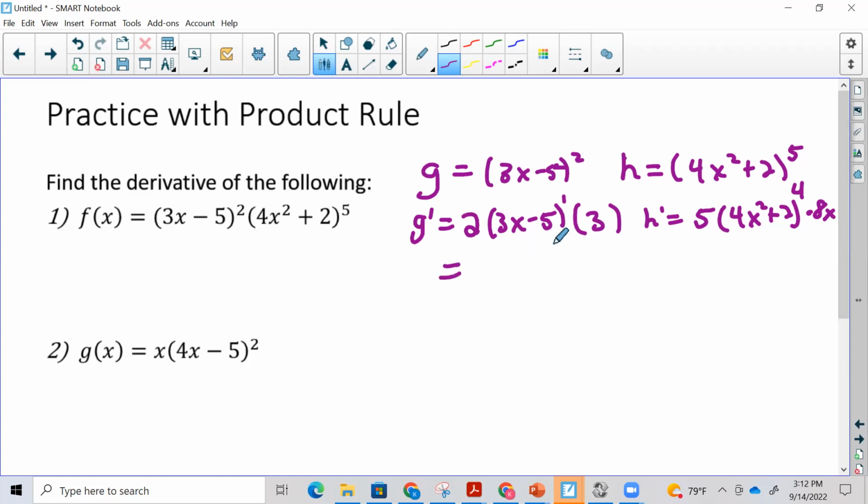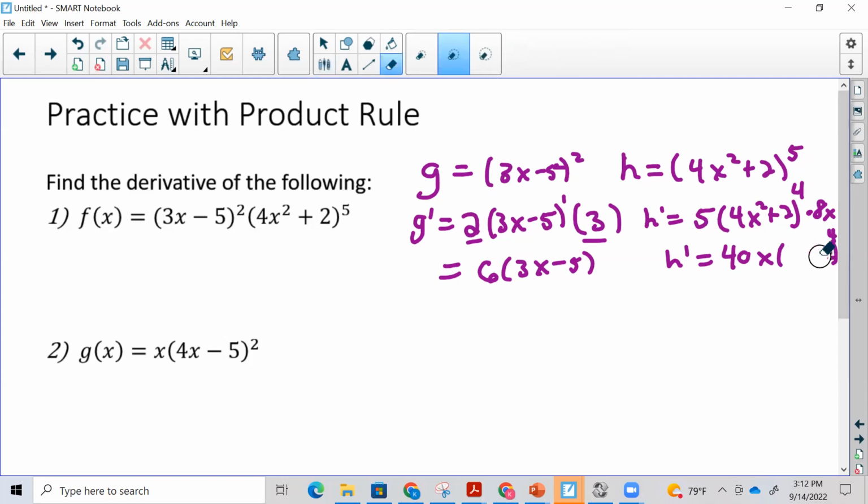Okay, and then these I would simplify a little bit to make it easier. I can multiply the constants together. So 2 times 3 is 6, and then I have 3x minus 5. And 5 times 8x is 40x, and that's 4x squared plus 2 to the 4th.